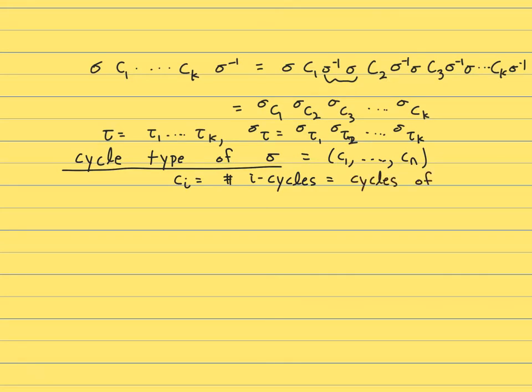And what we just showed is that if you conjugate by any permutation, you don't change the cycle type.